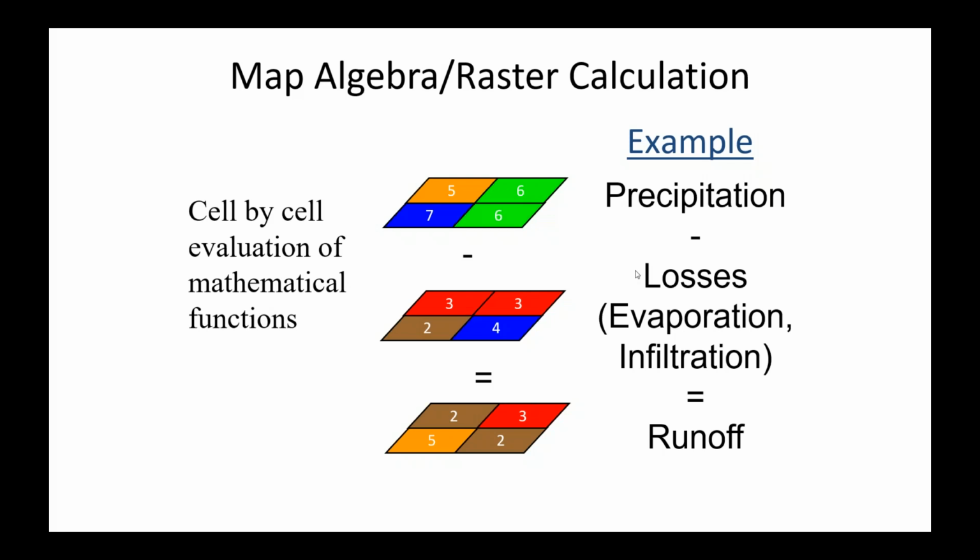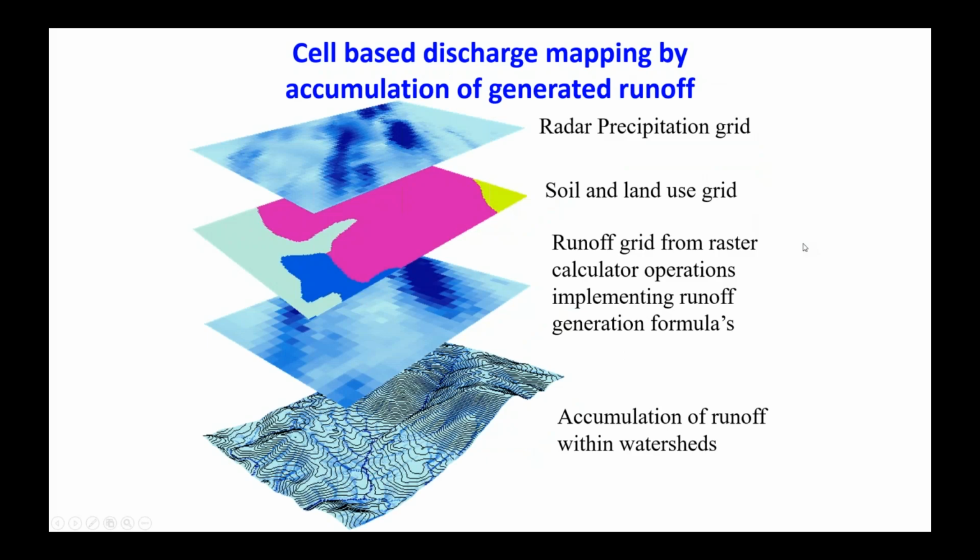Now that can apply to really large grids, so you might end up doing calculations on thousands or millions of numerical values. So for example, cell-based discharge mapping by accumulation of generated runoff. You may have a radar precipitation grid, you may have soil and land use information.